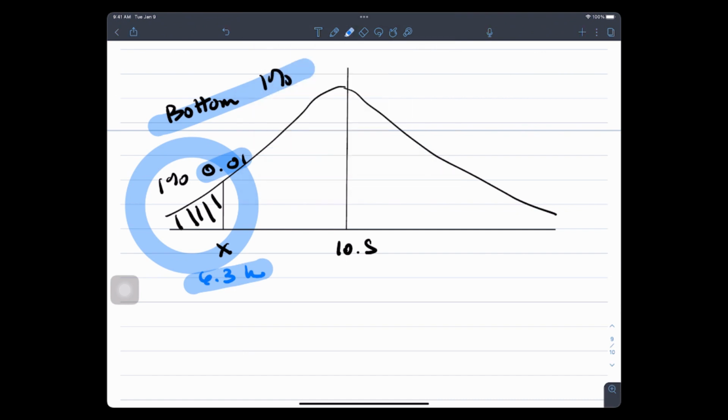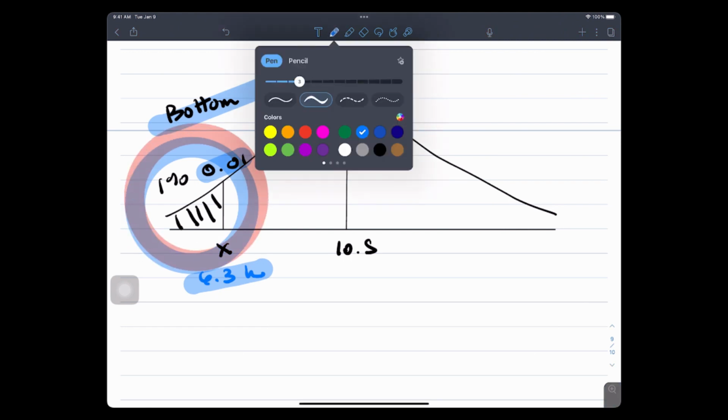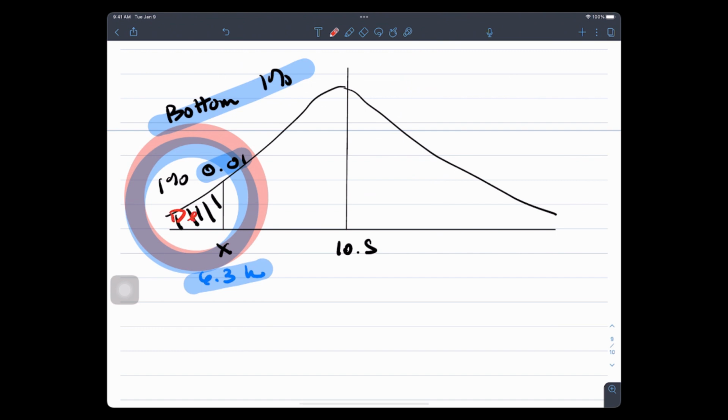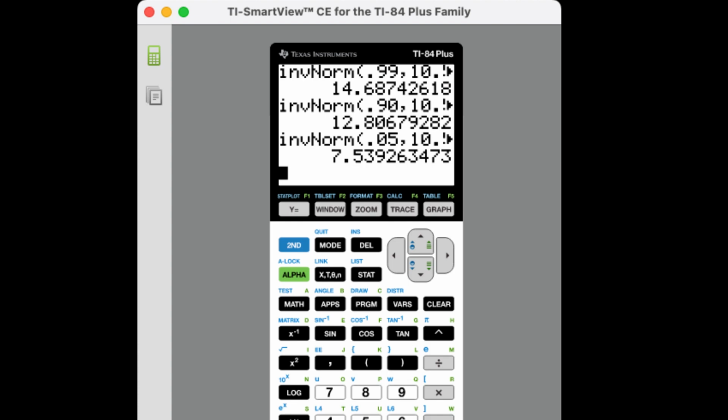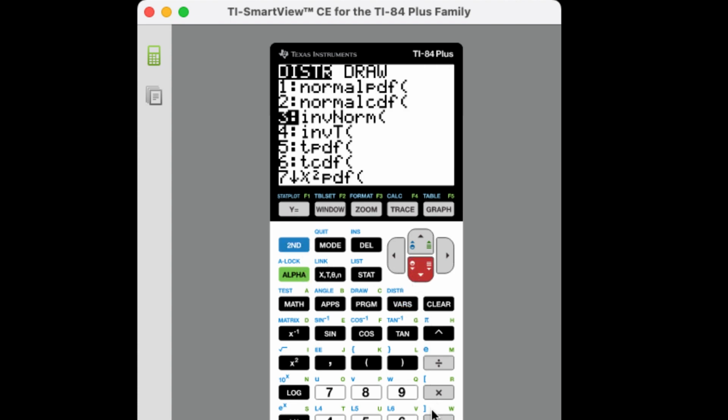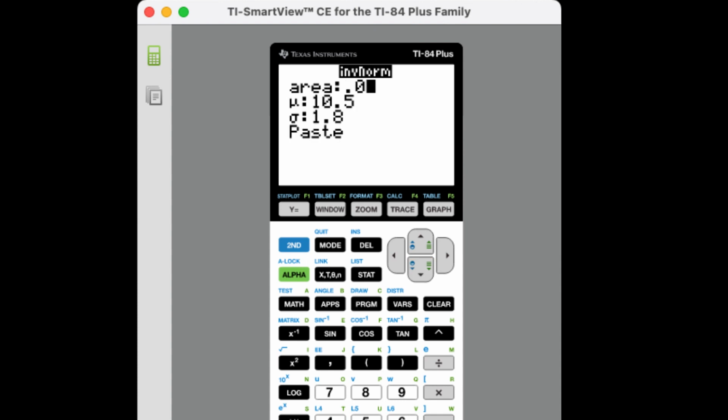Now, let's say, Mr. Judge, what if I have to do the default? Well, isn't that the same area to the left? The default is the same. So notice in your TI, if you have the other version, 1%, second distribution, inverse norm, 0.01.